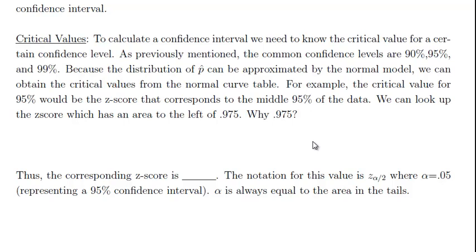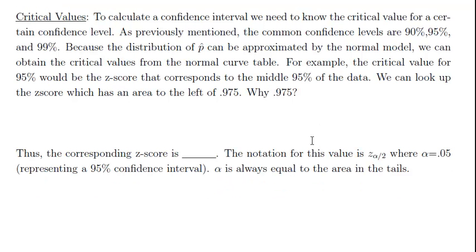Okay, and so just a little vocabulary. A critical value is the z-score that comes from the normal table and correlates with the formula for a confidence interval. And so every confidence level has a z-score, and we can look that up, but since we have common ones, I'll just give you the values for those common ones.